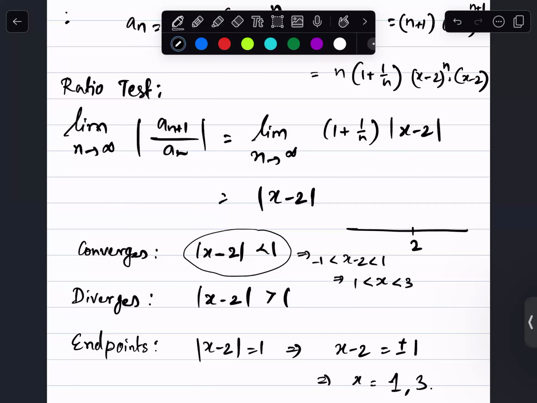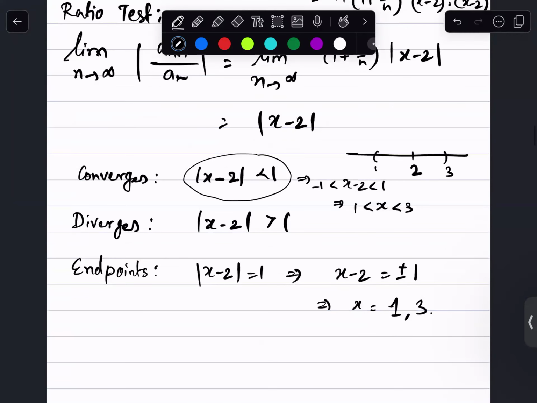This will be 1 to 3, so it should be 1, 2, 3. This is my primary interval without the endpoints.